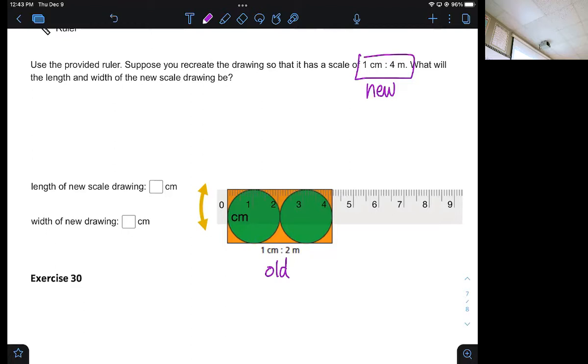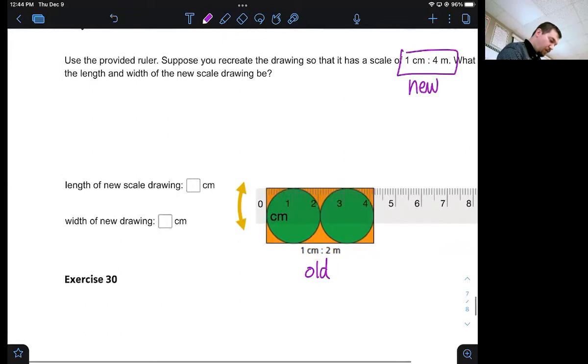If you went from 1/2 to 1/4, that looks like it's getting half the size. Yeah, it's getting reduced by half. So you would say it's twice as small, or you would just say it's half as large. So to go from 1/2 to 1/4, you're dividing by 2 in this case.